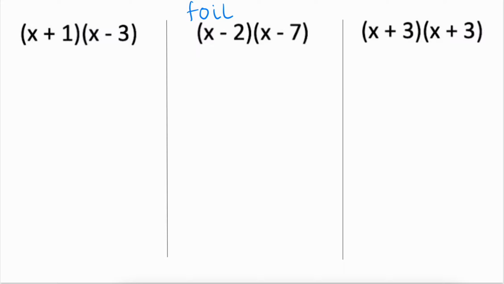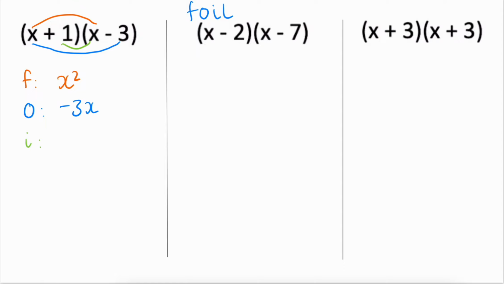So when I'm doing that, I have the first part of each bracket, which is my first, so x squared. Then I have my second part of each bracket, the outside of each bracket, which is minus 3x. Then I have the inside of each bracket, which is 1x.